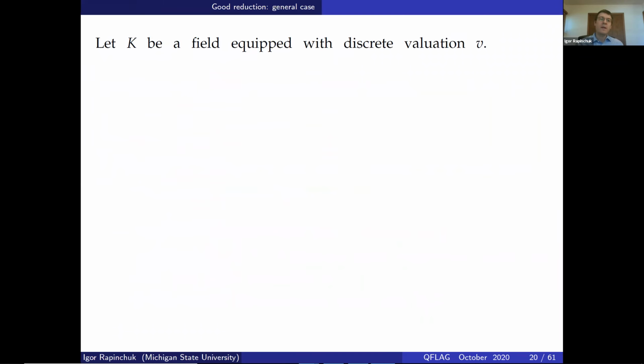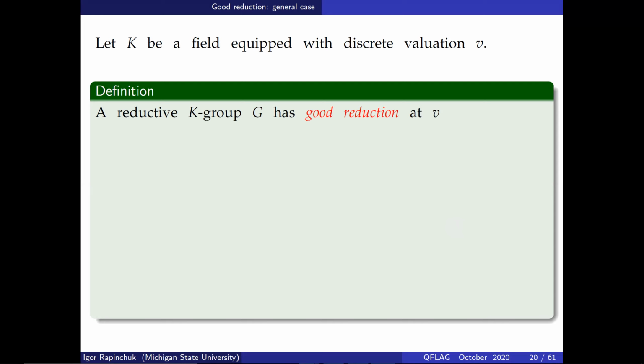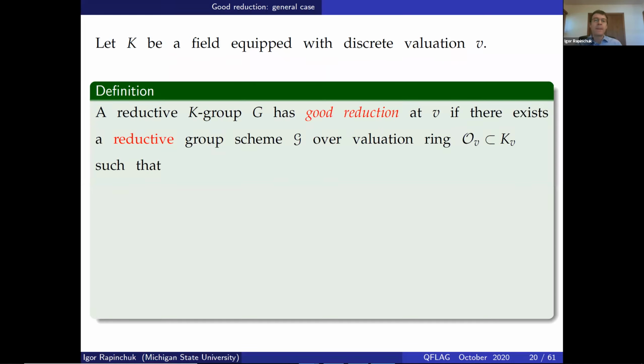Okay, so let's take K to be a field equipped with a discrete valuation V. Then, given a reductive algebraic group G defined over K, we'll say that it has good reduction at V if there exists a reductive group scheme, script G, over the valuation ring of the completion, whose generic fiber is isomorphic to the base change of our group to the completion.